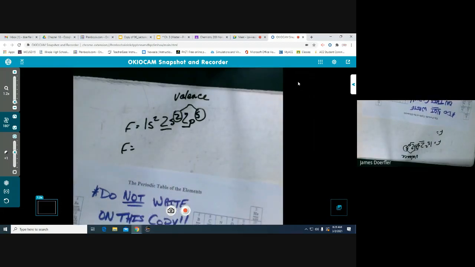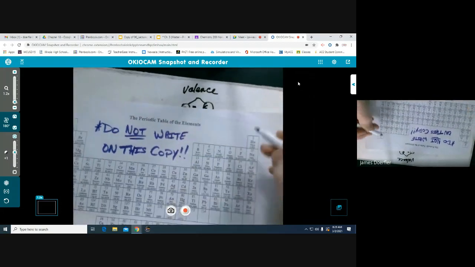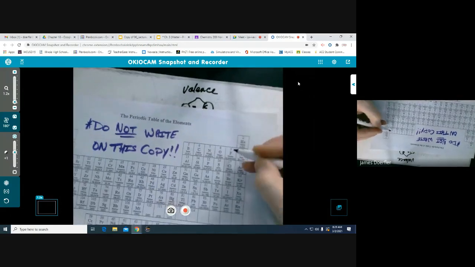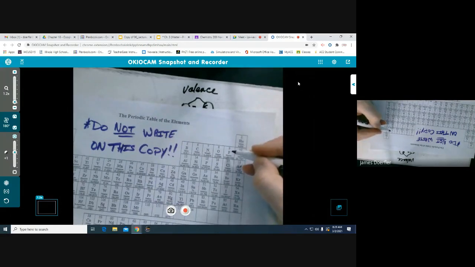So what you do here is first identify your element in question. It's right here. You then go up a row and all the way to the right until you get to the noble gases, which is right here.